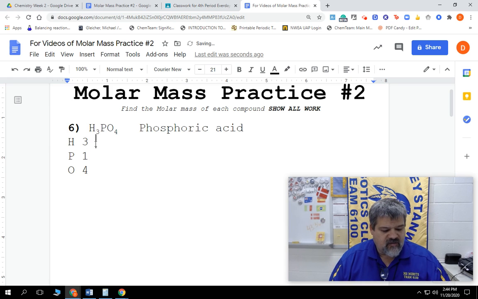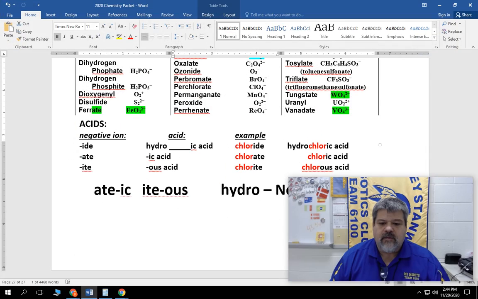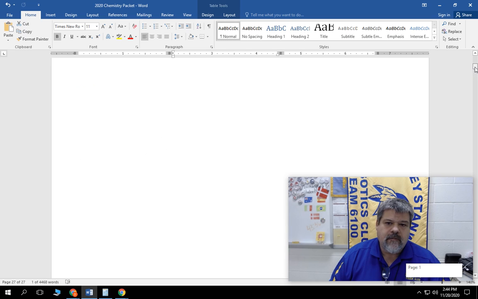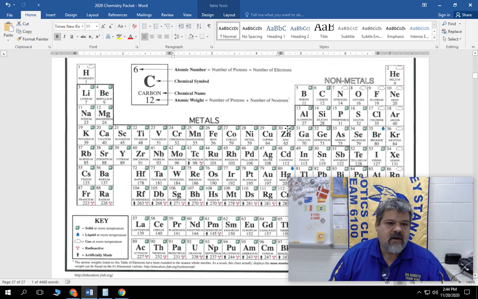Now we're going to multiply each one of those by its atomic weight. So where do you find its atomic weight? You got it in the periodic table. So we're going back to the periodic table. Scroll all the way back up to the beginning here. And we are going to look up the weights for hydrogen, phosphorus, and oxygen.